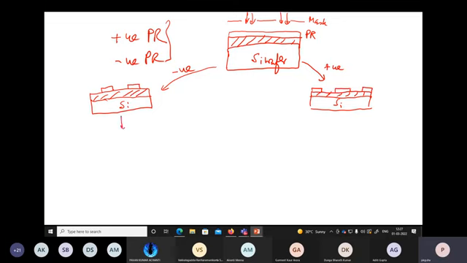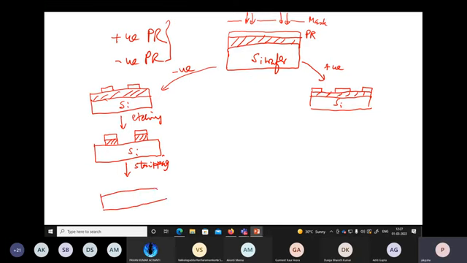Then what you do, you basically use etching. So you etch the silicon dioxide, and then you strip your resist. So you see the pattern is like this.